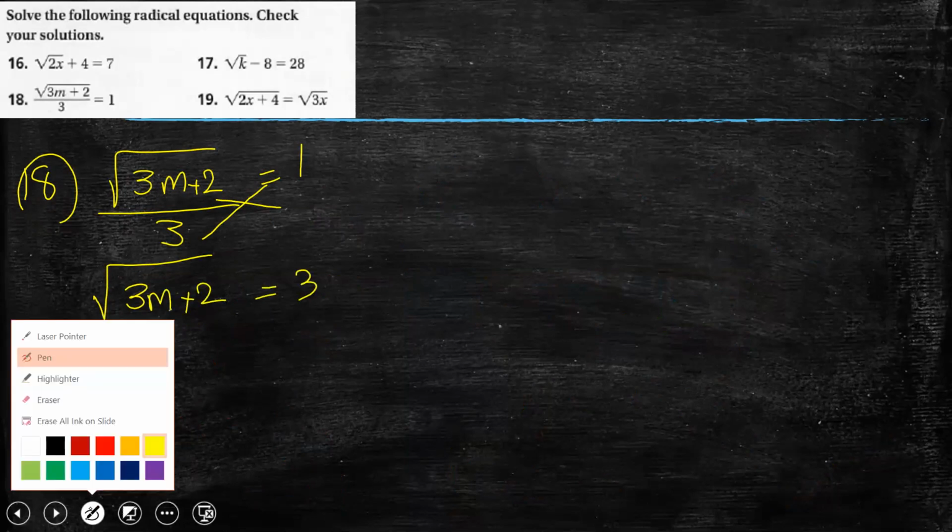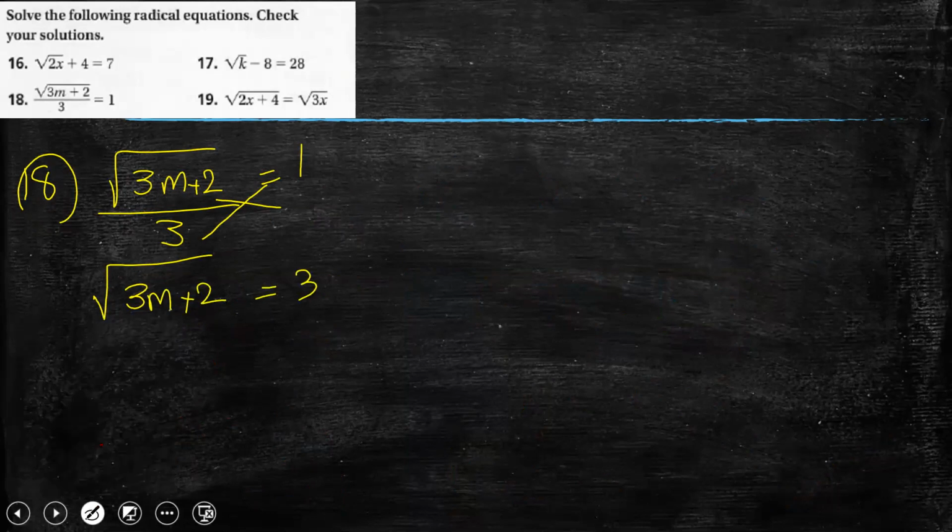Then I want to cancel. Here there's nothing beside the radical, so I didn't do anything. Just square the two sides. The square cancels the square root. It will be 3m plus 2 equals 9.